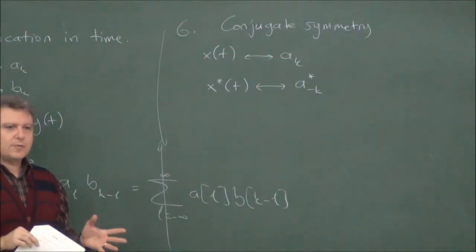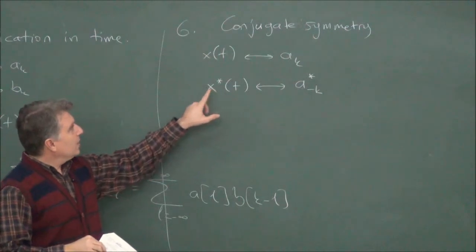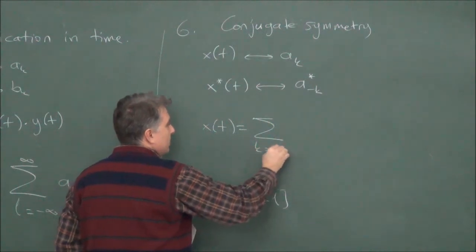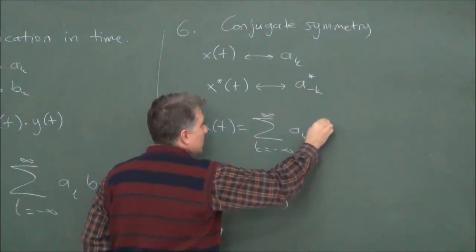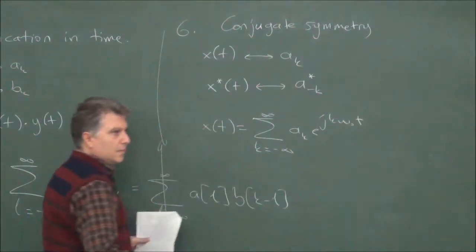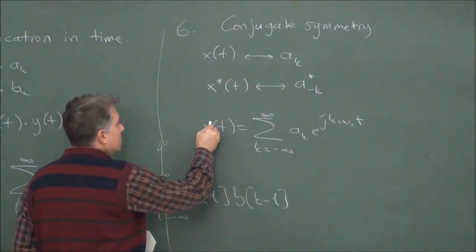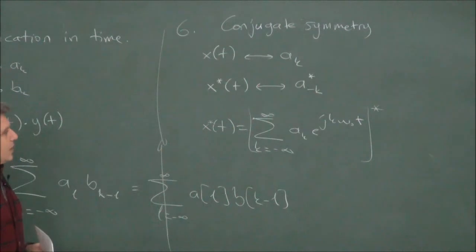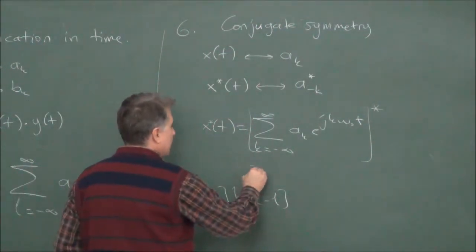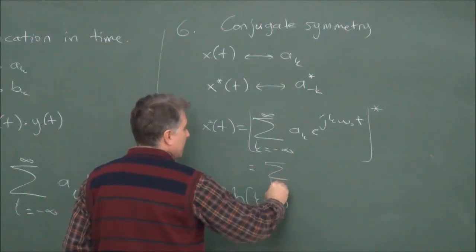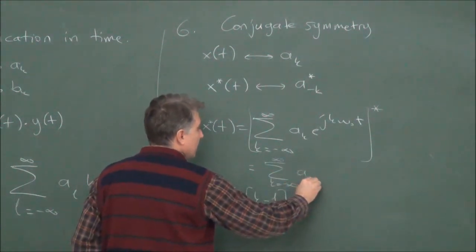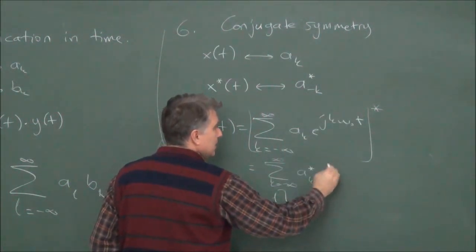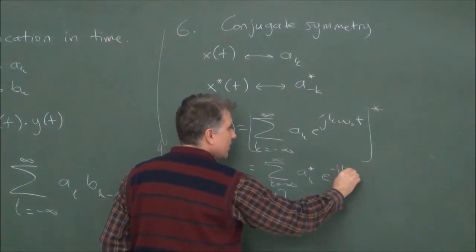And the proof is a piece of cake. Just write down the expression of x(t) as the summation over k from minus infinity to infinity of a_k e^{jkω_0 t}. Then take the conjugates of both sides. When you take the conjugates of both sides, the right hand side will become the summation over k from minus infinity to infinity of a_k conjugate. This will be conjugated, and this will also be conjugated, which gives e^{-jkω_0 t}.